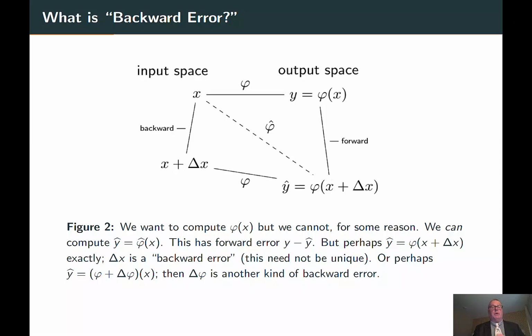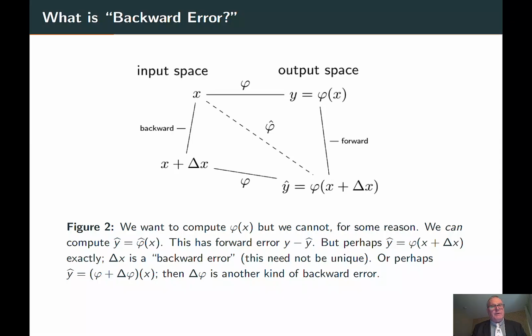You want to compute this y, which is phi of x. Great. For one reason or another, you can't actually do it. Suppose you instead get y hat, and you think of y hat as almost y. That's a forward error kind of conception.